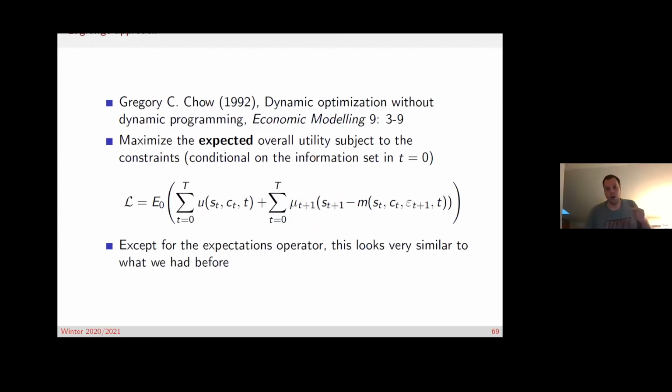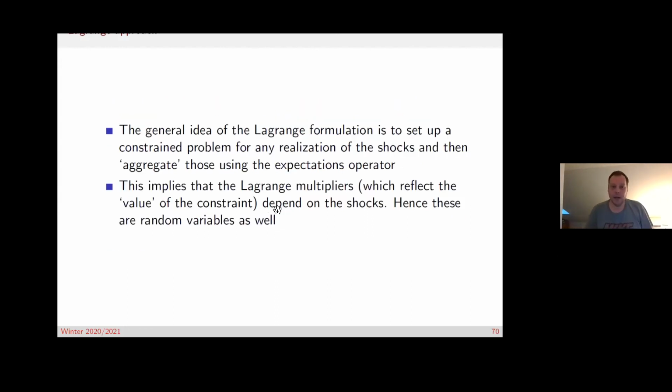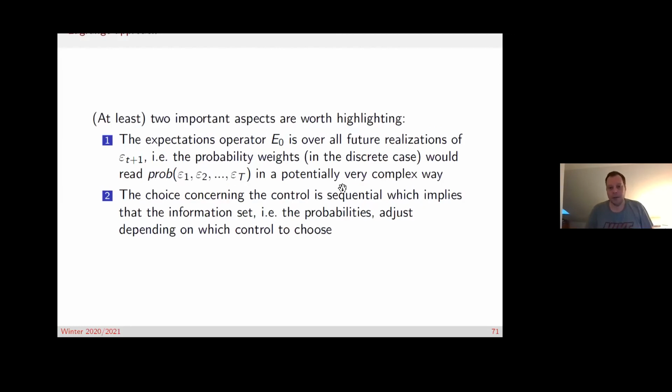So you go in your mind through all the realizations of the shock from now on until the end of the planning horizon, and then you think about the probability that all the shocks could have, if we have the discrete case, obviously. Then you could attach a probability weight to every realization of all those shocks.